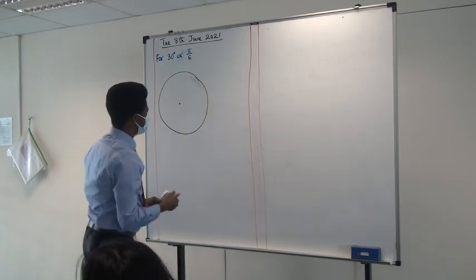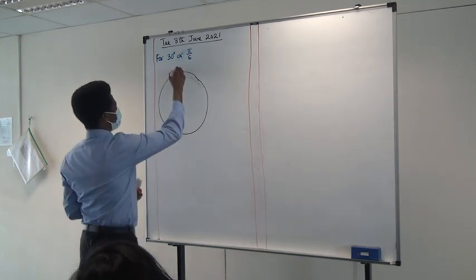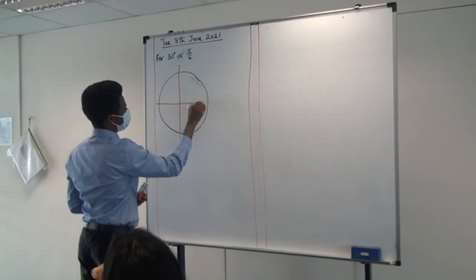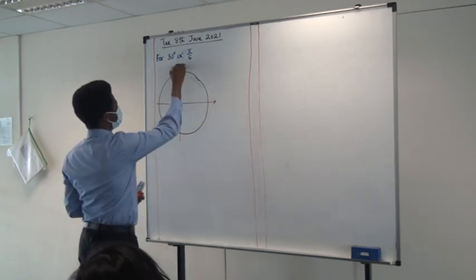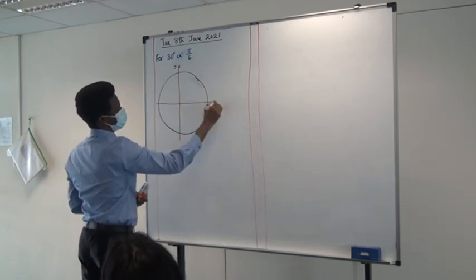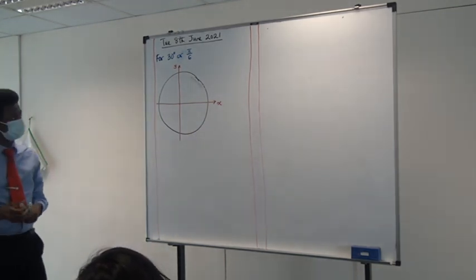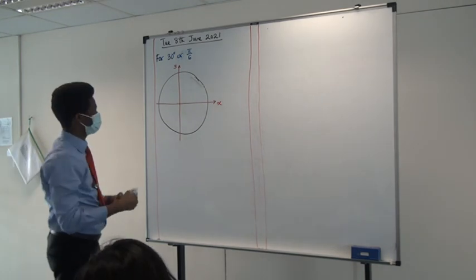Understand? So, the last time we were looking at how to get trig ratio of 30 degree and its multiple. Then we started with 60.